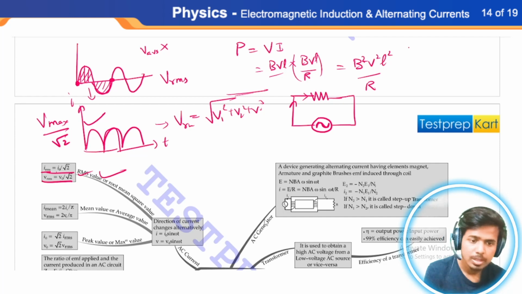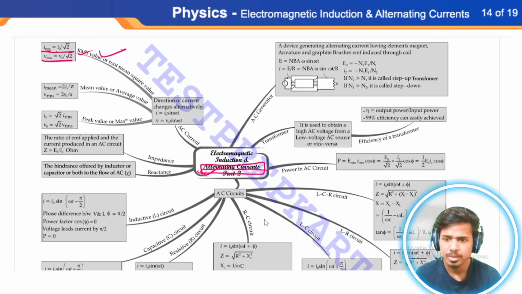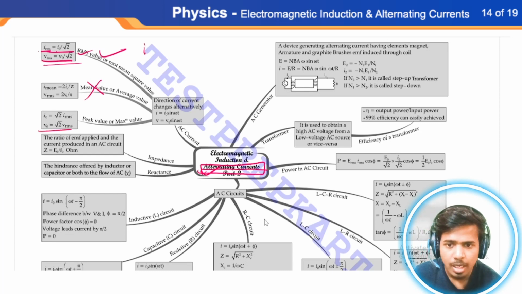It's just that the reverse is written over here. If I RMS is equal to I naught over root 2, then I naught is equal to root 2 times I RMS.